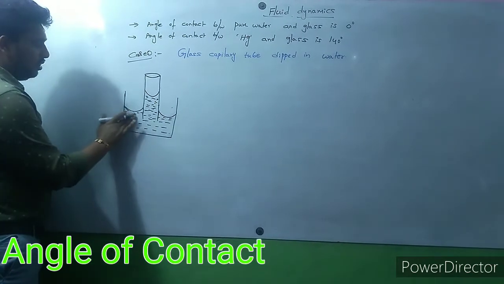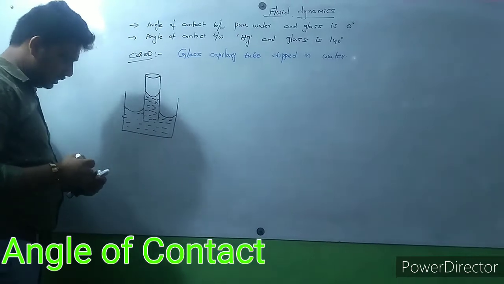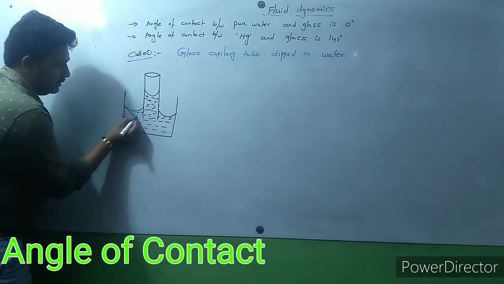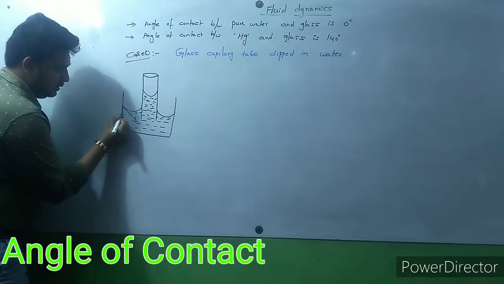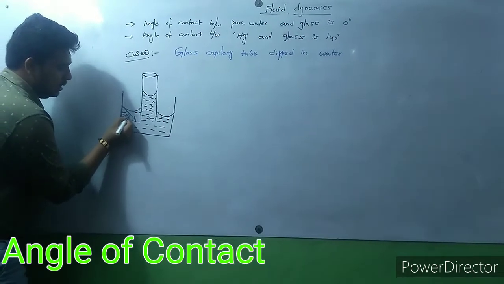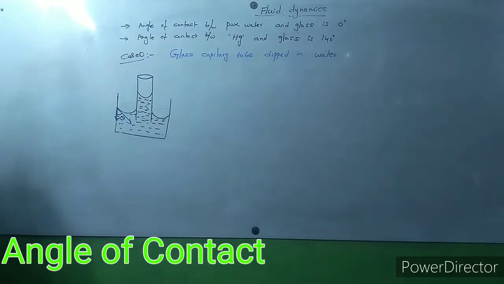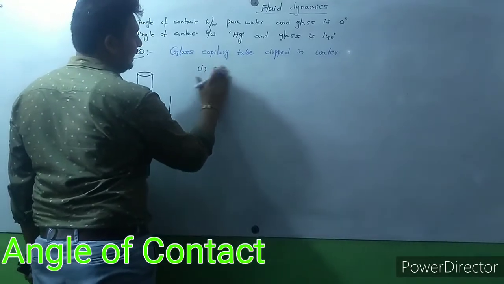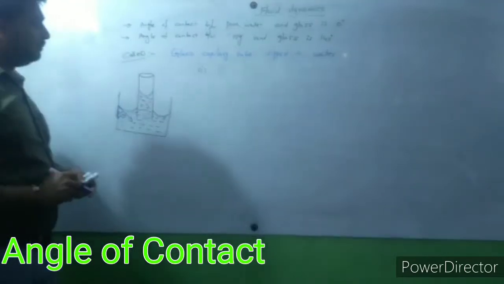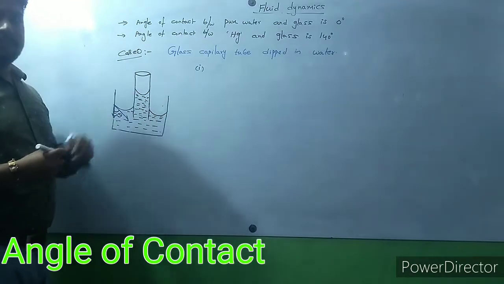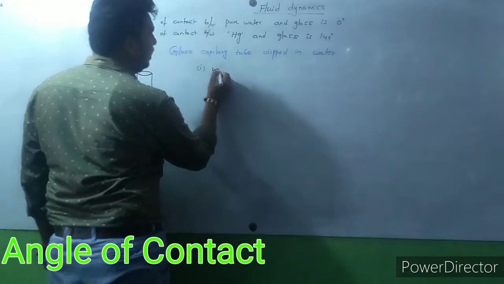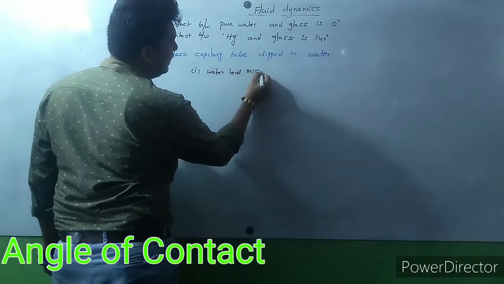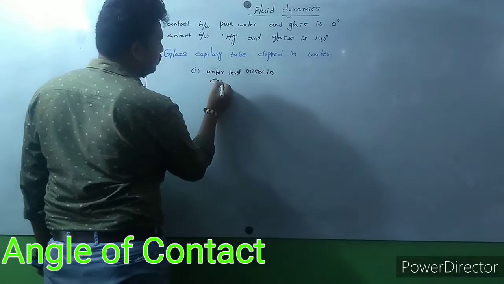Okay. Now I draw with another color for identification. So this is theta, the angle of contact. First point: capillary rise, so definitely the water level rises in the capillary tube.